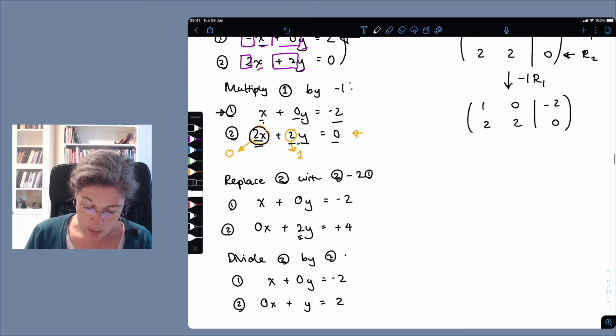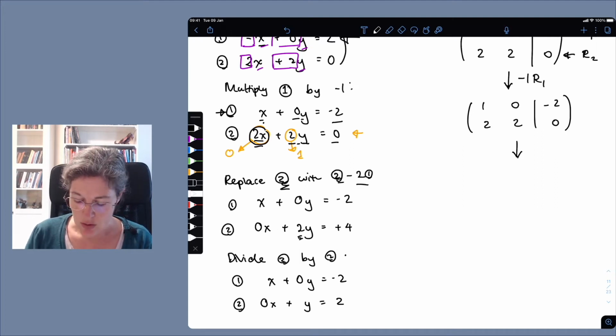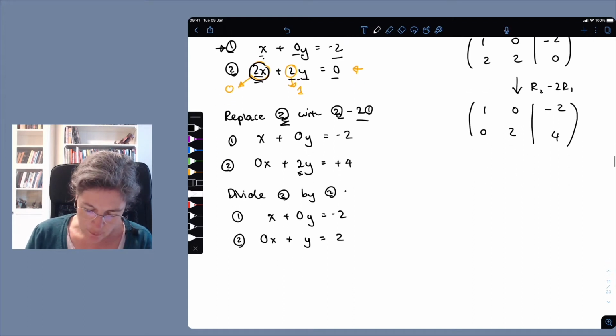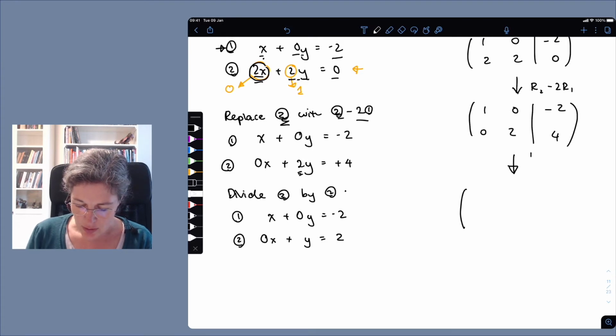And then our next bit of working would say we're going to replace row 2 with row 2 minus 2, row 1. So I'm going to write that as row 2 minus 2, row 1. And that gives us, reading off here, 1, 0, 0, 2, and a minus 2 and a 4. And then the final thing that we did was we divided row 2 by 2. So we ended up with 1, 0, 0, 1, and minus 2 and 2.